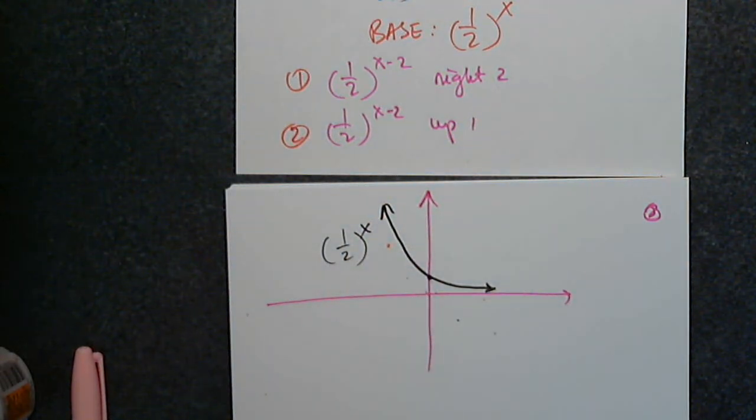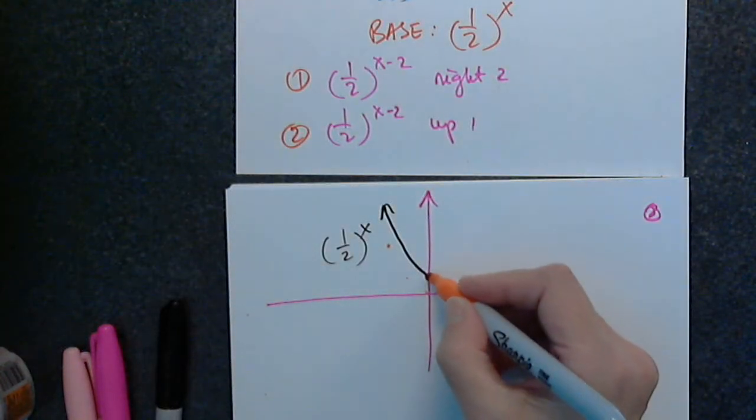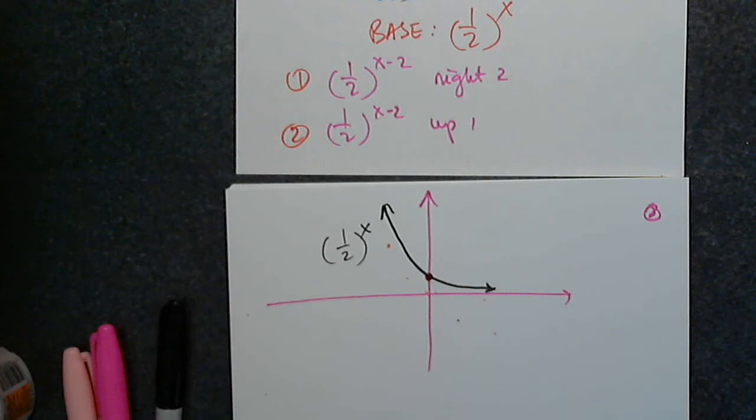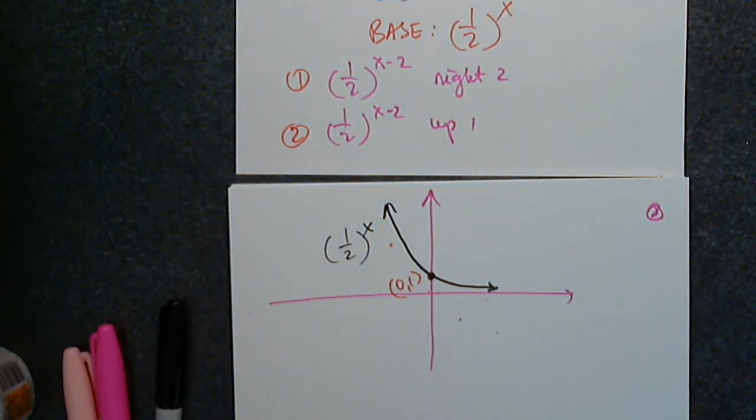Always decreasing and crossing at 0, 1. Then you told me to shift this right 2. This is our point, basically the only point we need, and we have to shift it 2 to the right. Right now it is at 0, 1. Where will it land? If it's at 0, 1 right now, where will it go?